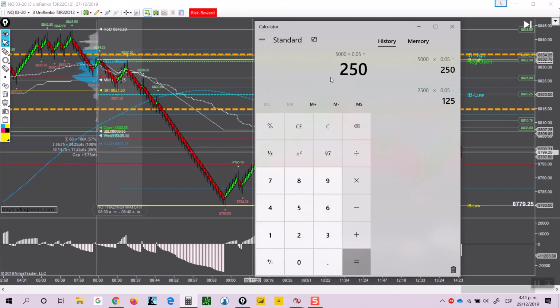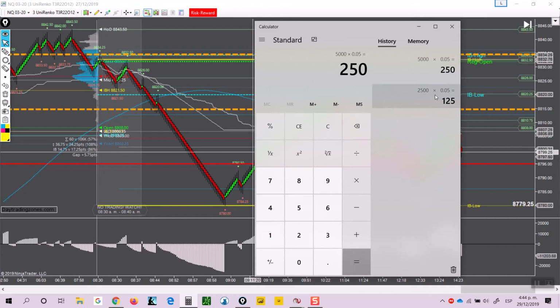Okay, if you risk more than 250, you are putting yourself into a position that will drag your account pretty fast to the negative. So first rule, do not risk more than 5% per trade of your account. And I'm certain you can do that.